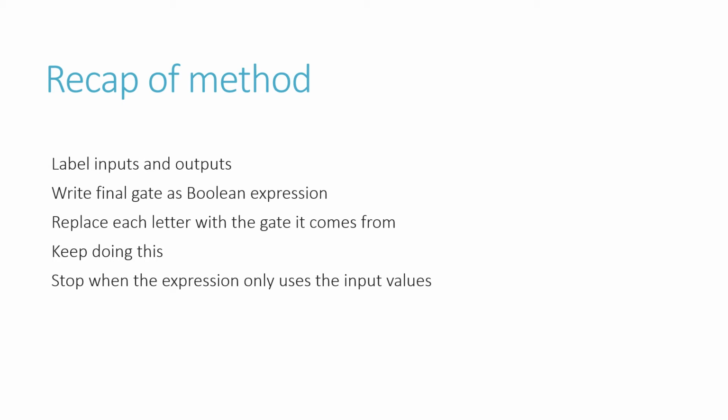So every letter gets replaced by the gate that it comes from and the inputs to that gate. And eventually your expression will only include the input values, in this case A and B, and at that point you've finished the task. This was a small one. Over the next few lessons we'll look at some more complicated ones, but the method won't change. That will always be the method.